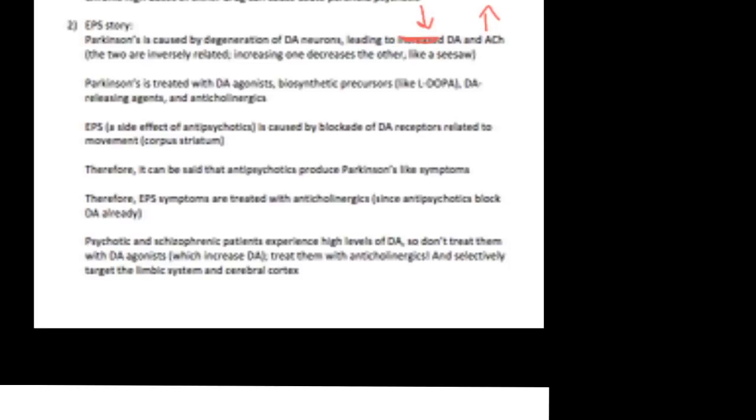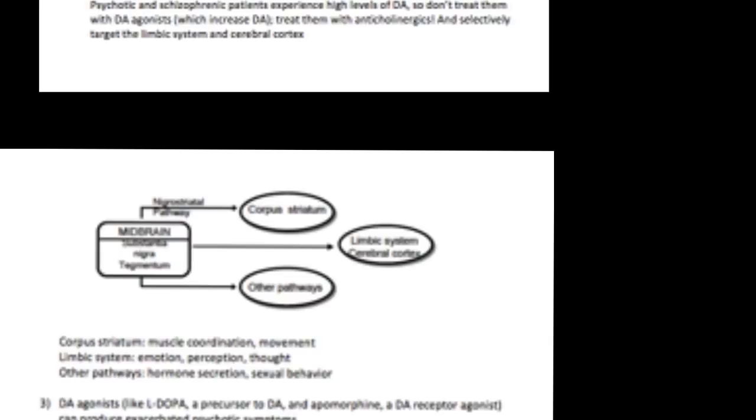EPS, extrapyramidal symptoms, is a side effect of the antipsychotics and is caused by blockade of dopamine receptors related to movement, and particularly in the corpus striatum. So these structures I'm referring to are in the handout he gave us. I just screenshotted it. So the corpus striatum is responsible for muscle coordination and movement via dopamine.